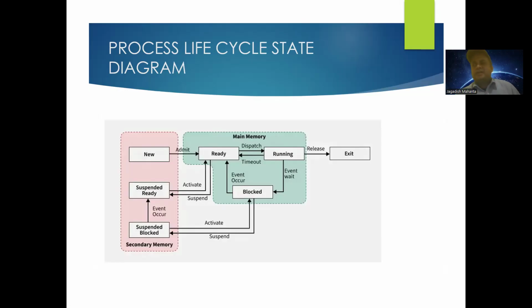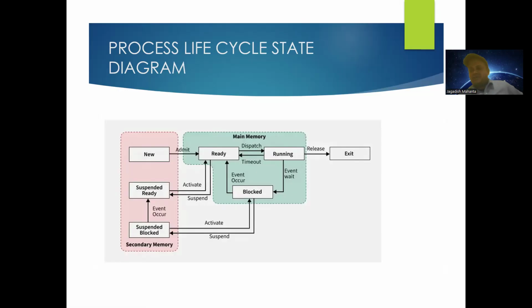Next is multi-programming. Multi-programming means how many processes can stay and how many processes can run, how many processes are ready to run. There are two types, preemption and non-preemption.